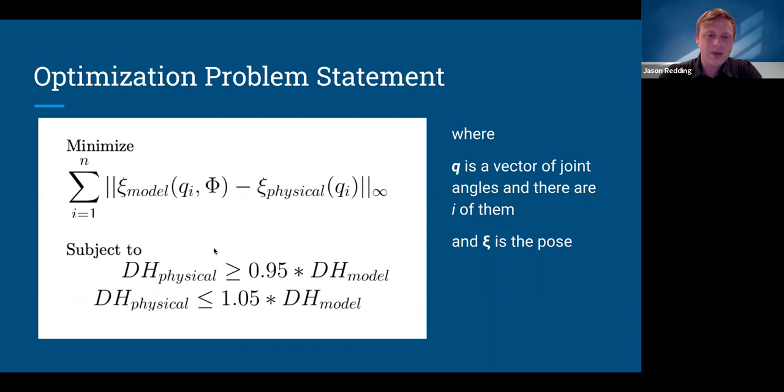And we want to do that such that the DH parameters of the physical robot are never more than 5% off of what the model estimates. This is feasible because if someone were to be creating a model, they would not be more than 5% off in their measurements.